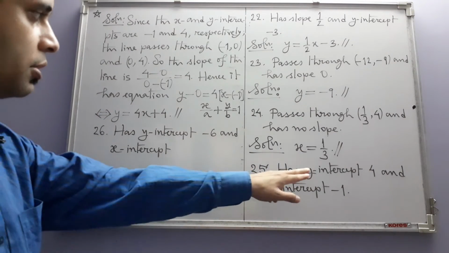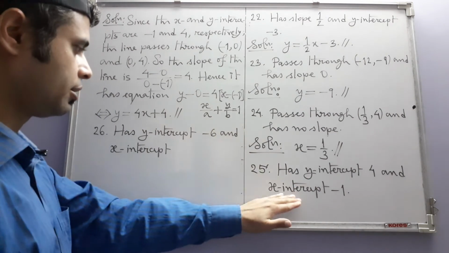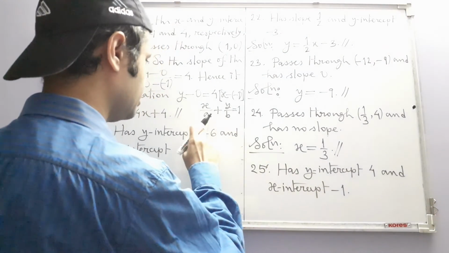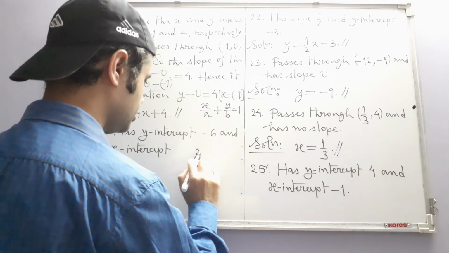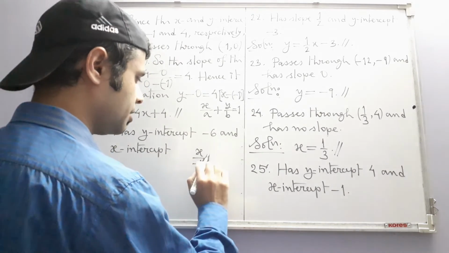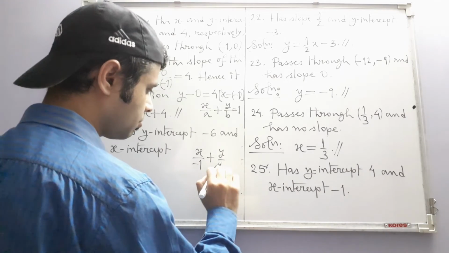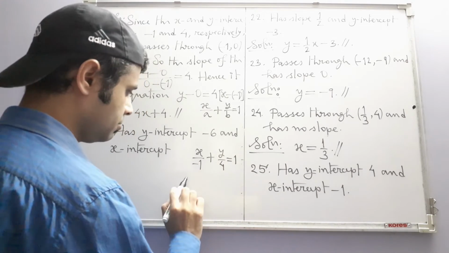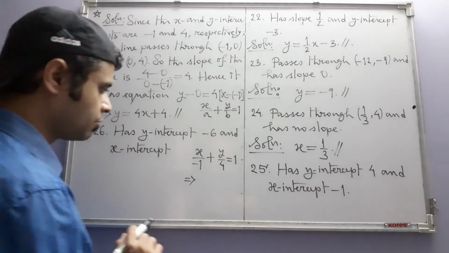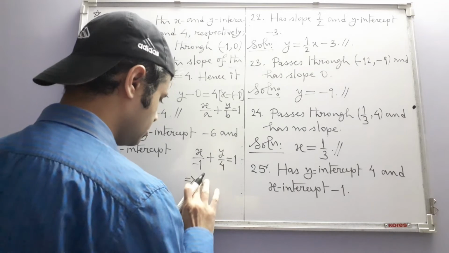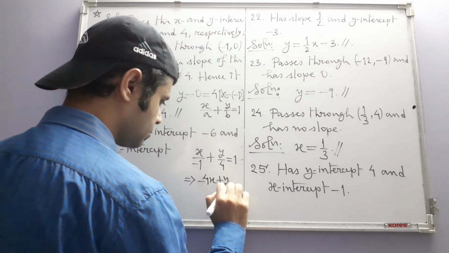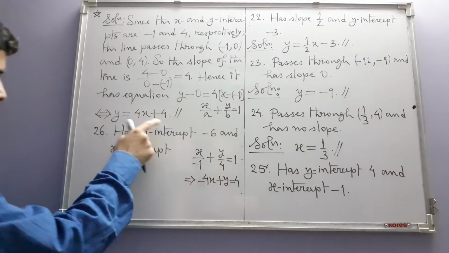Let me see whether we get the same equation for the previous exercise: x divided by -1 plus y divided by 4 equal to 1. Multiplying throughout by 4, we get -4x plus y equal to 4. Yes, y is equal to 4x plus 4.